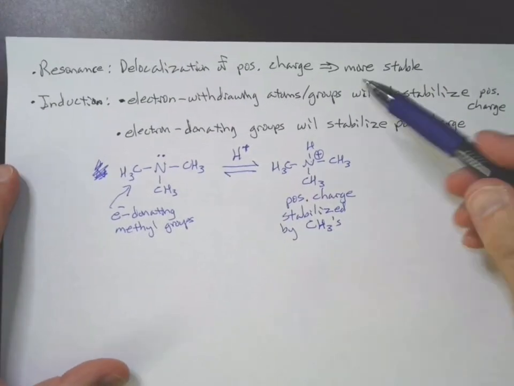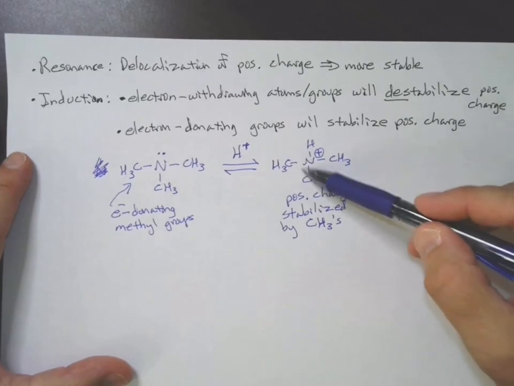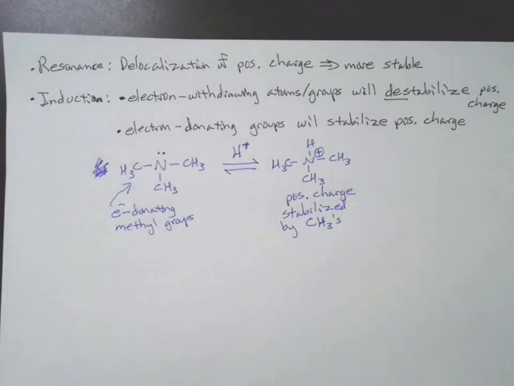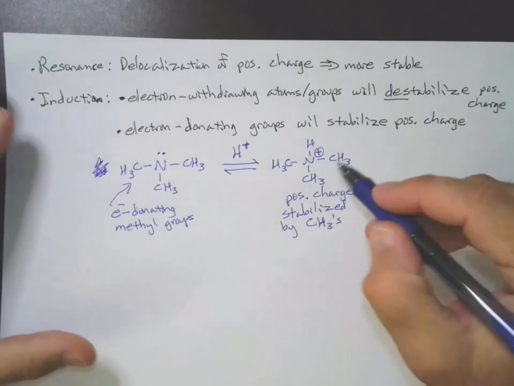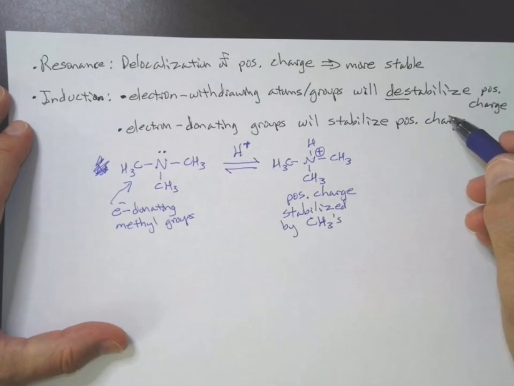And they're stabilized by an inductive effect, namely the electron density from the carbons can move a little bit. Maybe move isn't the right word, but kind of creep over a bit to help stabilize that positive charge.